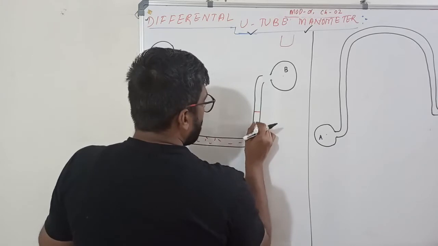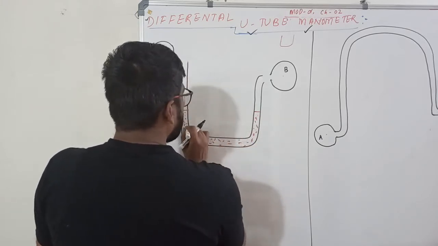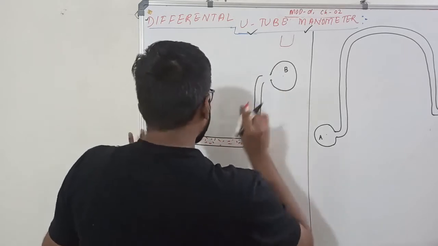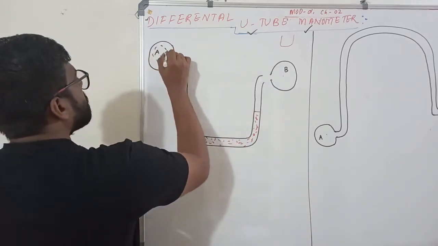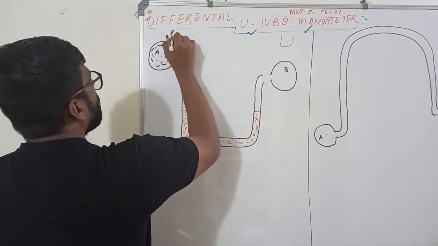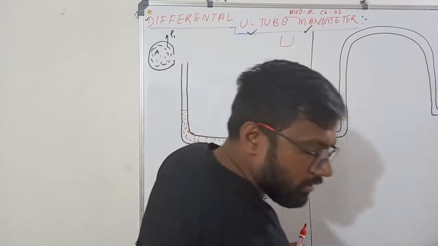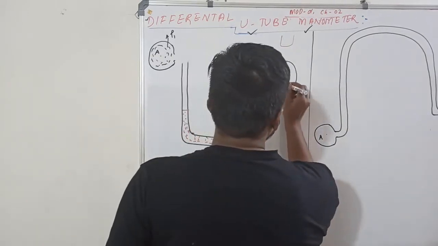They will be at the same horizontal level. Let us say the gas or something in A has a density rho 1, and in B I also have some fluid.